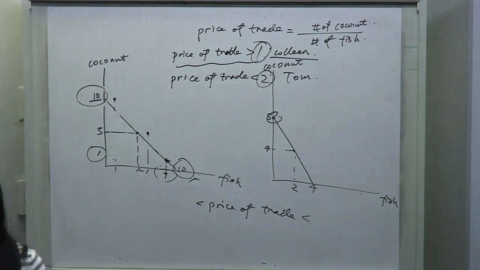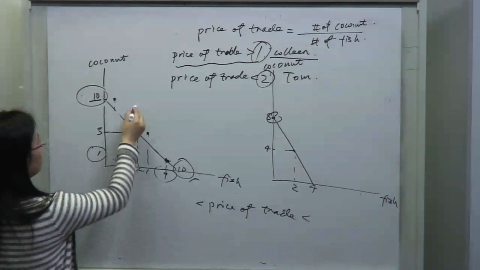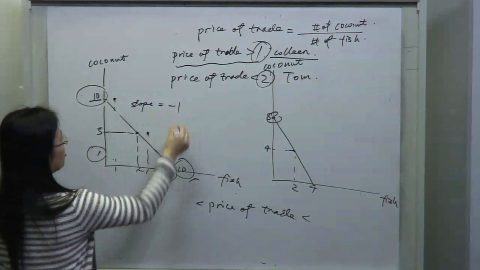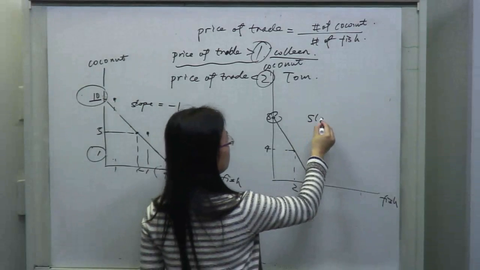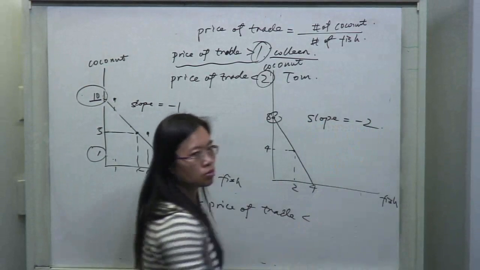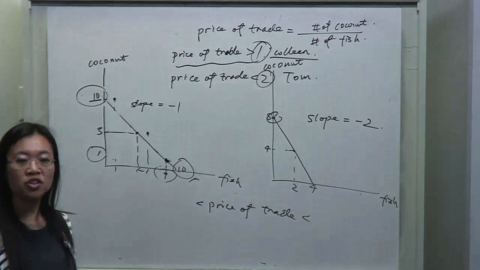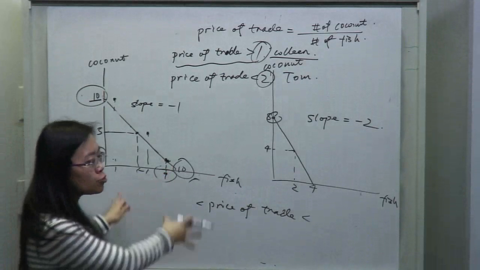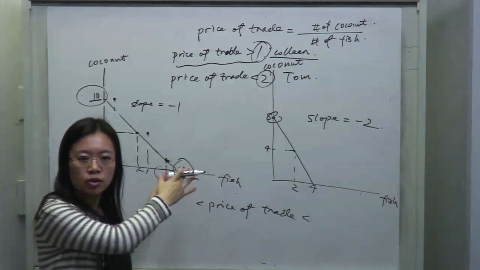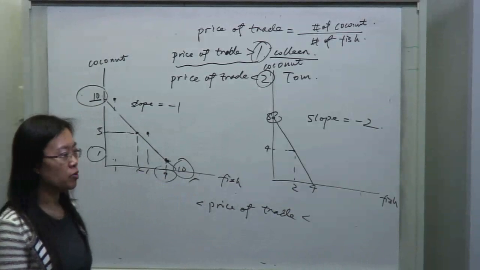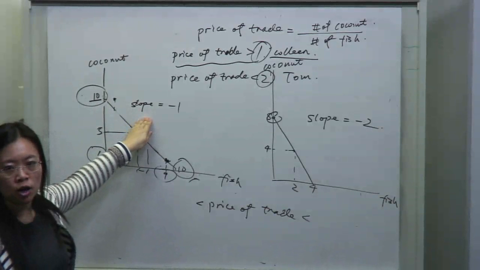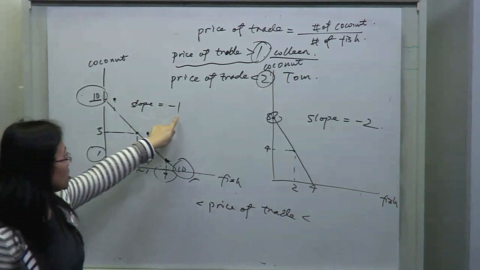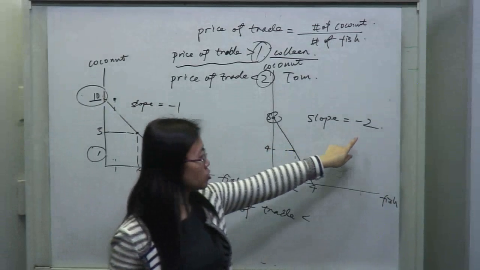Anybody has this idea? How do we find this upper and lower limit? Is it the slopes? The slopes, great. If you look at the slope of this, the slope is -1. This slope here is -2, right? So in the future, you don't need to go through that guessing process anymore. You just take a look at the slope of the PPF, take the absolute value of the slope.